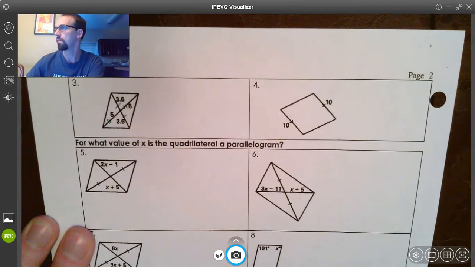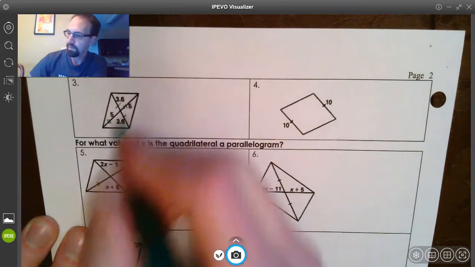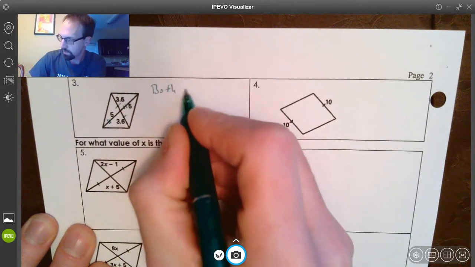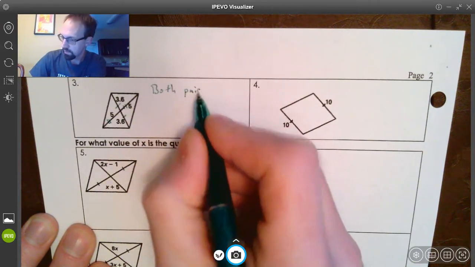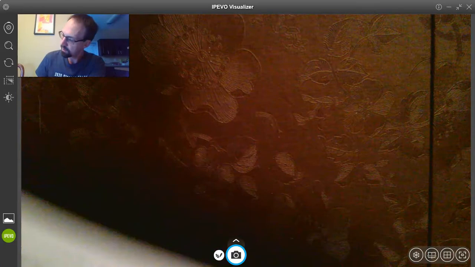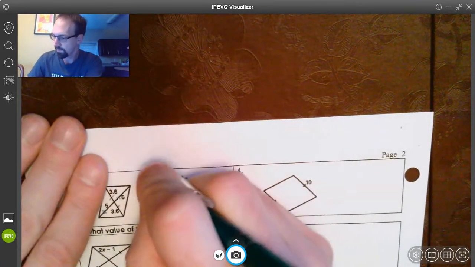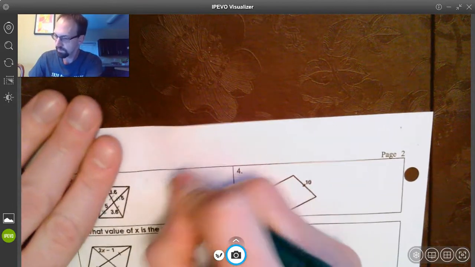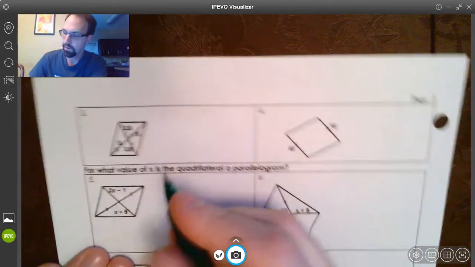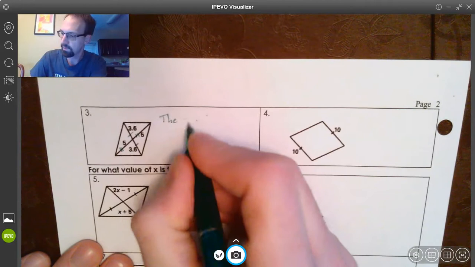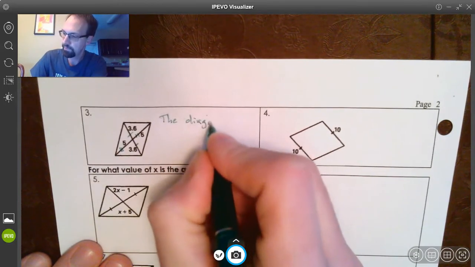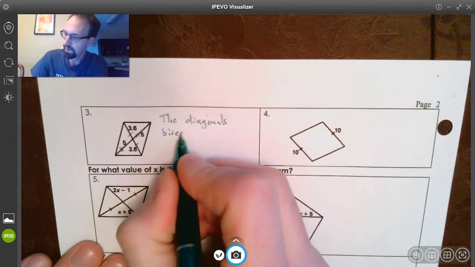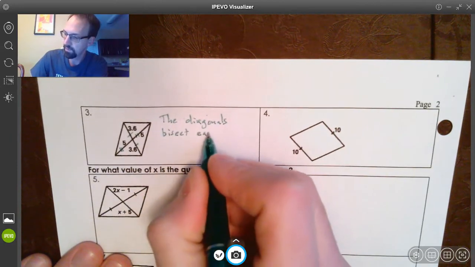So with this one, is that how it's worded? Oh, just if the diagonals, sorry. So this one, the diagonals bisect each other.